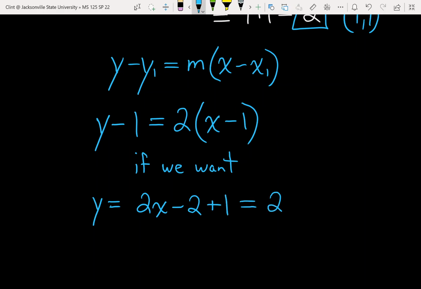So y equals 2x minus 1, and we solved it for y. So really, WebAssign's fine with it right here, point slope form. If you want to solve it for y, not too much more work. The slope of our tangent line.